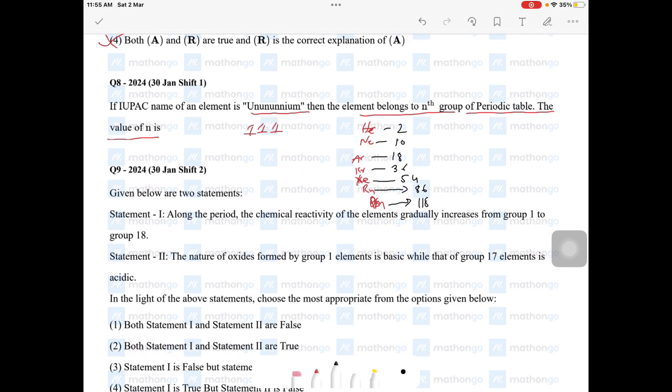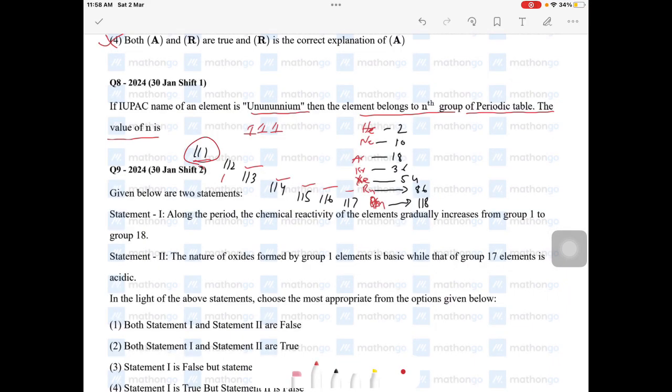Now 118 is group 18. Next 117, 116, 115, 114, 113, 112 and 111. So 118 is group 18, 117 is 17th, and 111 is 11th group or 1B group. So that's why n is equal to 11.